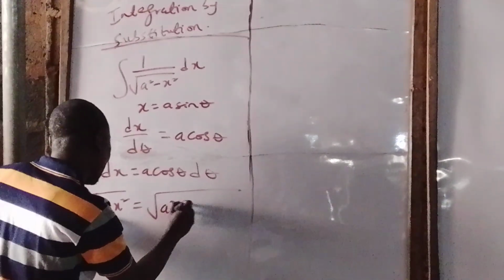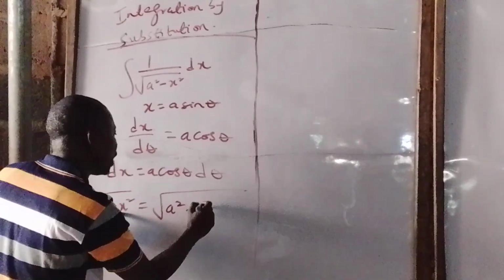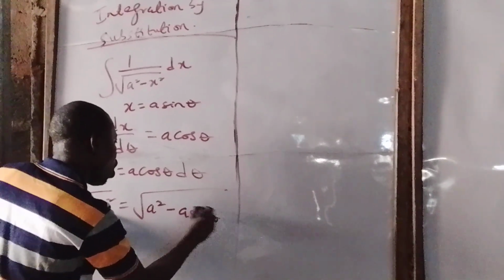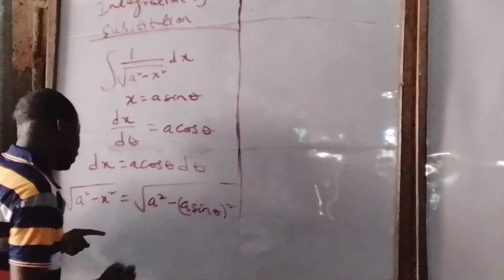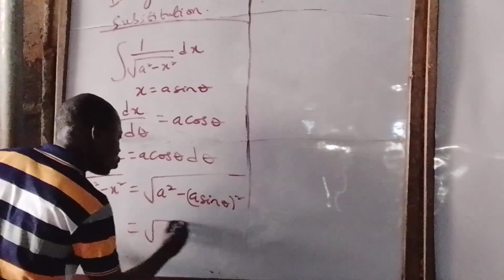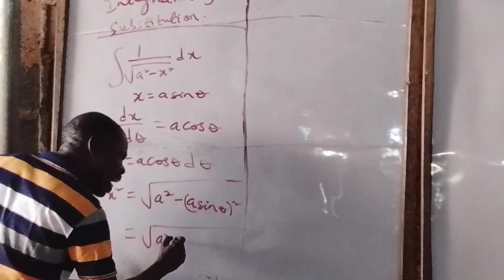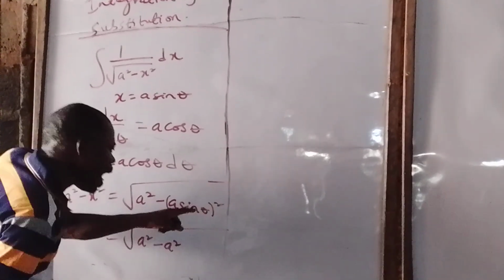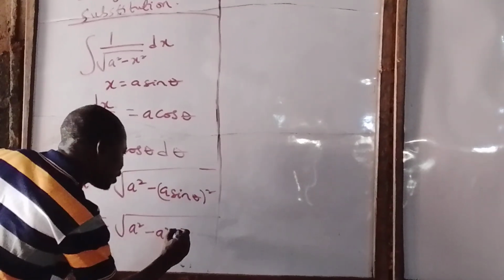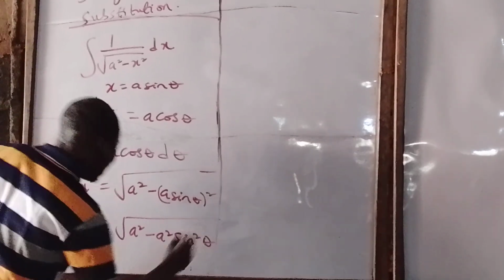So I will have a squared minus a sine theta all squared, which is equal to the square root of a squared minus a squared sine squared theta.